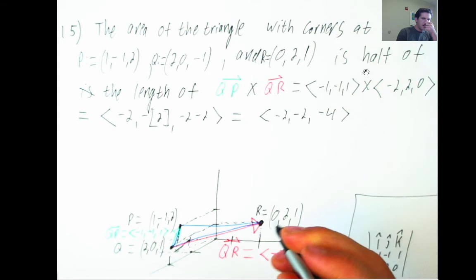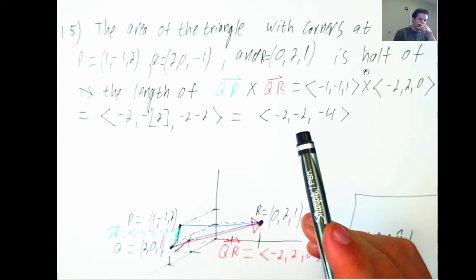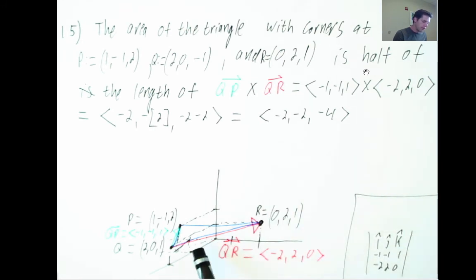So now that I have the vector here, that is the cross product, I'm trying to look for half of its length. So its length would give me the area of a parallelogram, and half of that would be this triangle.